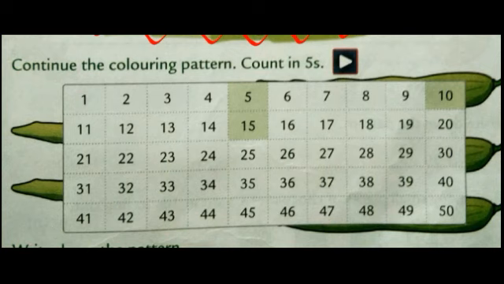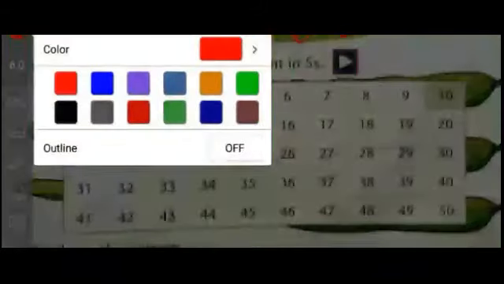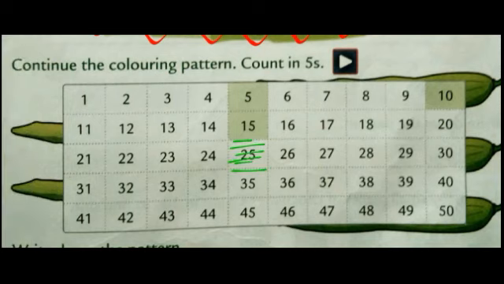Okay. Now, continue the coloring pattern. Count in 5. We have to continue this pattern. So, let me take green color and then we will continue with the pattern. 5, 15, then 25, 35, 45. This is the pattern that we have to continue.